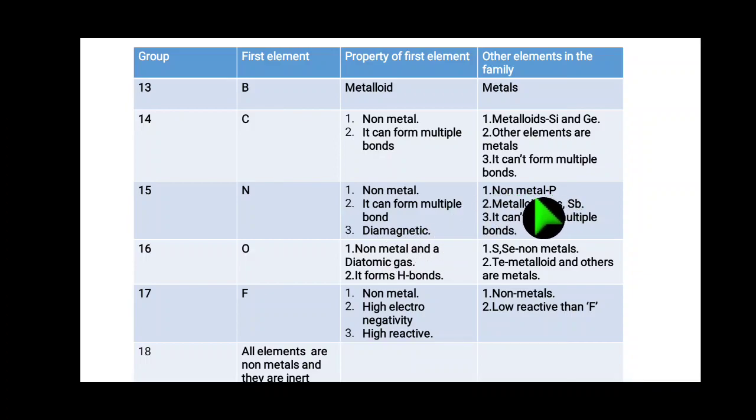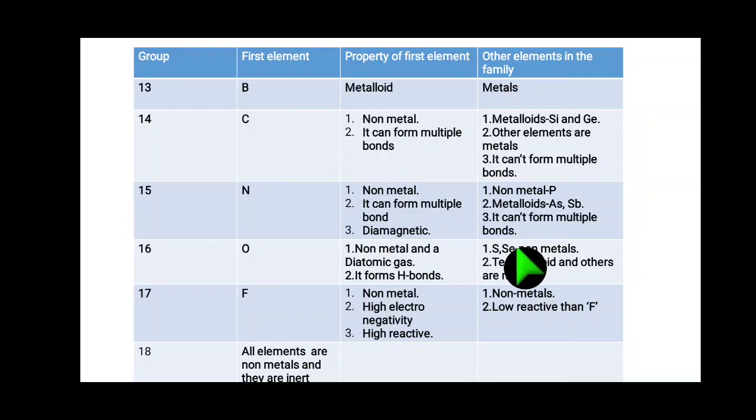Other elements in the P block of the periodic table: non-metal phosphorus, metalloids arsenic, antimony, they can't form multiple bonds. Now, oxygen. Oxygen is non-metal, diatomic gas, it forms hydrogen bonds.